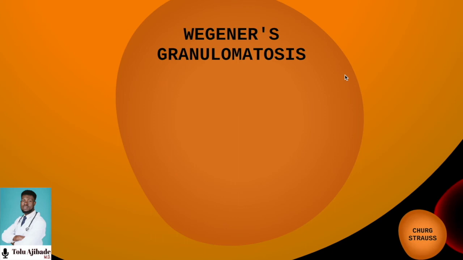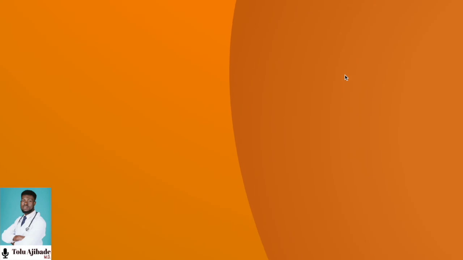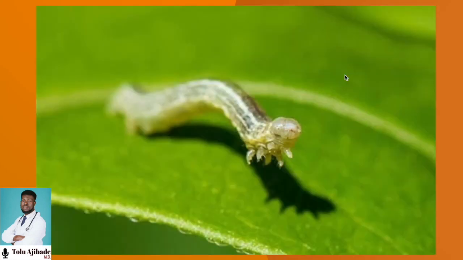So moving on to Wegener's granulomatosis. How do I remember this? What is this? Who can guess? Should I give you 2 seconds to guess? 1, 2. All right. So this is a worm. You can see it on the leaf.